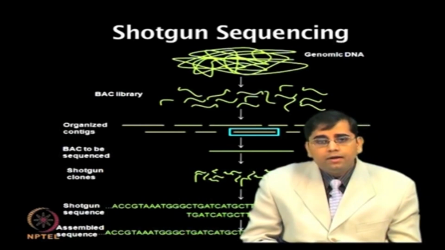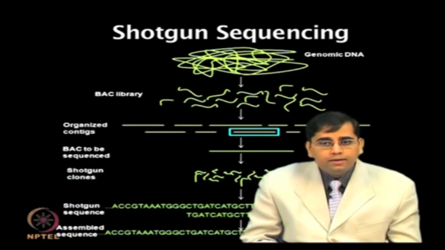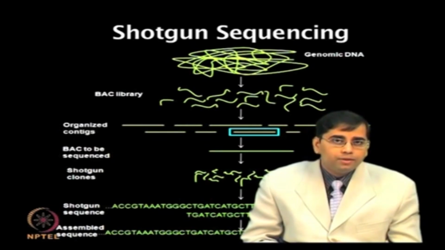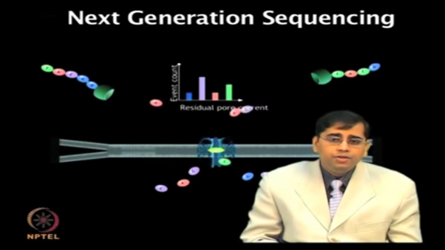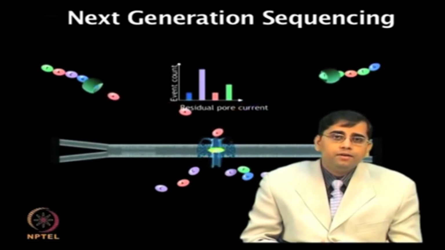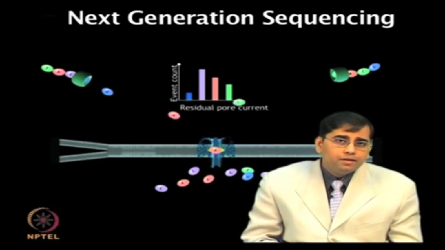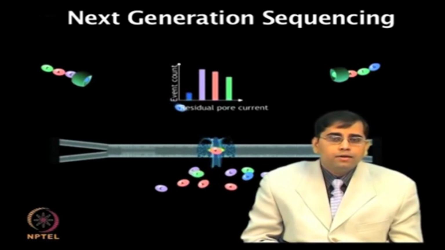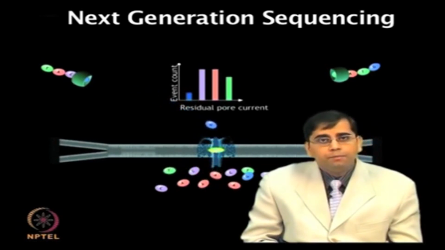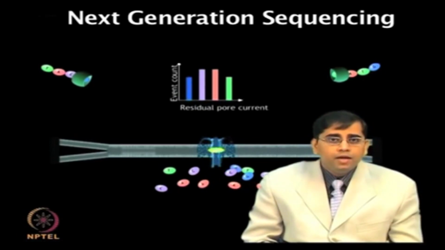Further, individual clones were sequenced by shotgun sequencing to provide the complete genome sequence. Recently, next generation sequencing (NGS) strategies have dramatically increased the pace of sequencing by several orders of magnitude. Next generation sequencing based on nanopore structures is known as nanopore sequencing.